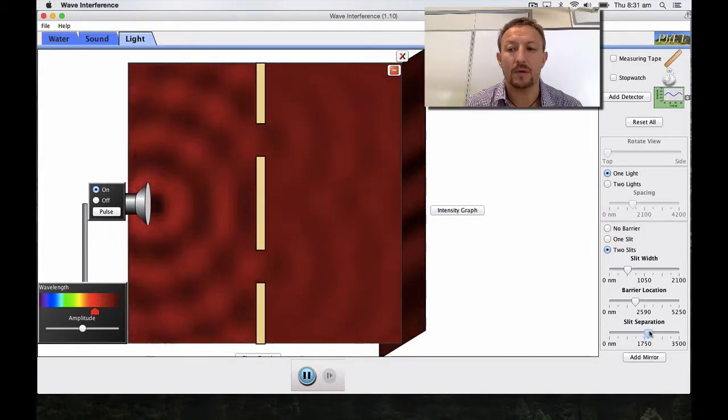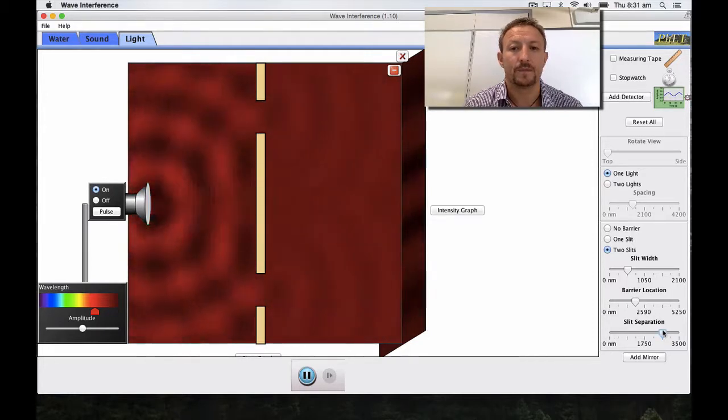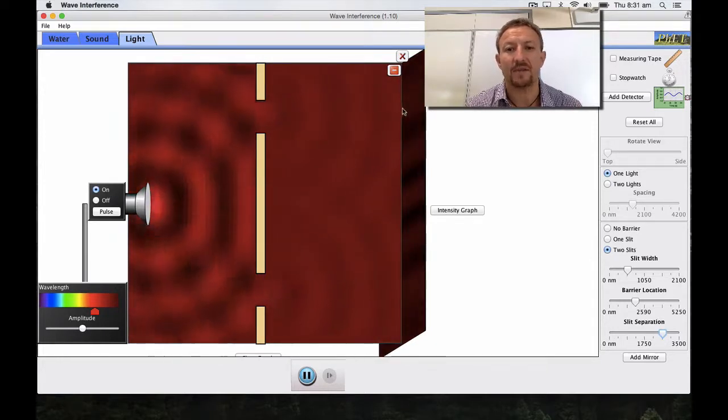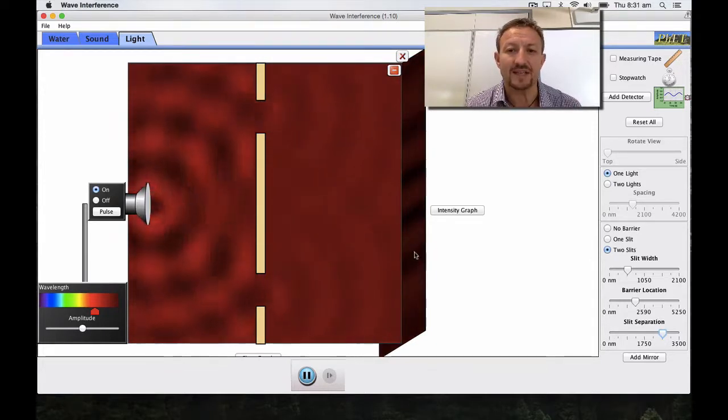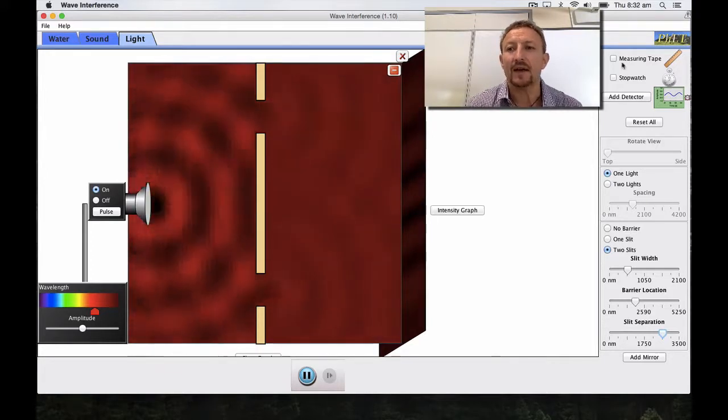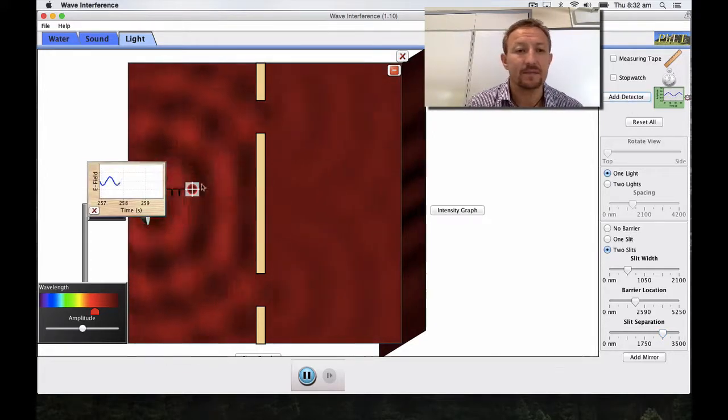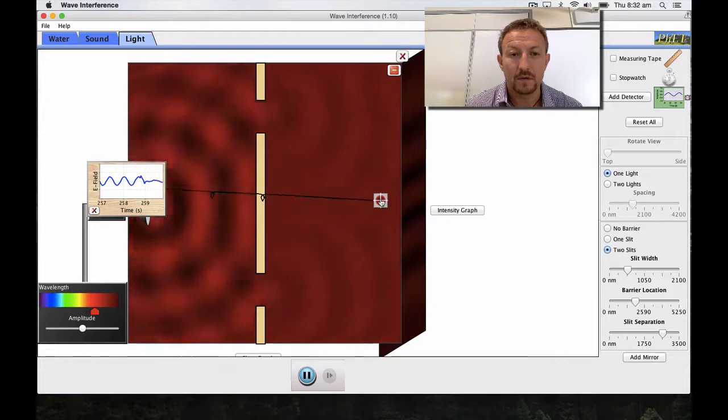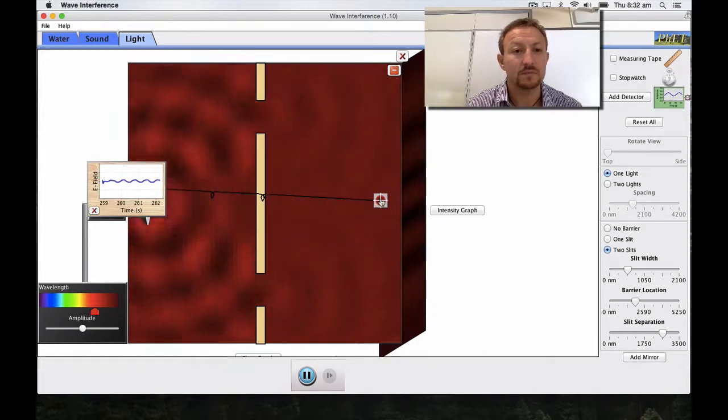Let's go up one more. We'll go up to about 3/4. Now what we'll see is the waves start working together. We get these fringe patterns generated here. Now again, if I go back to my detector, there's my initial, my 0 order antinode.